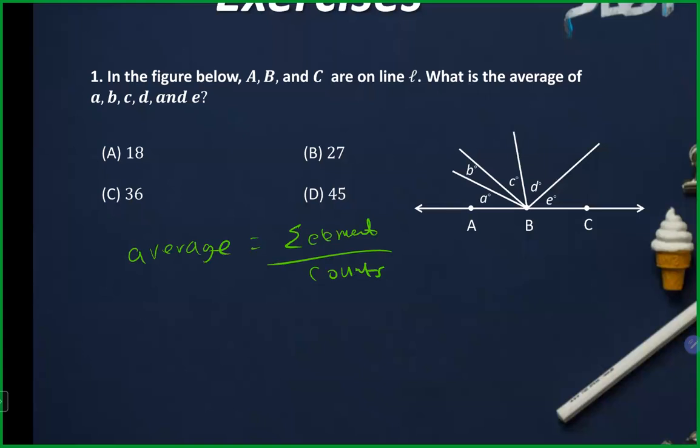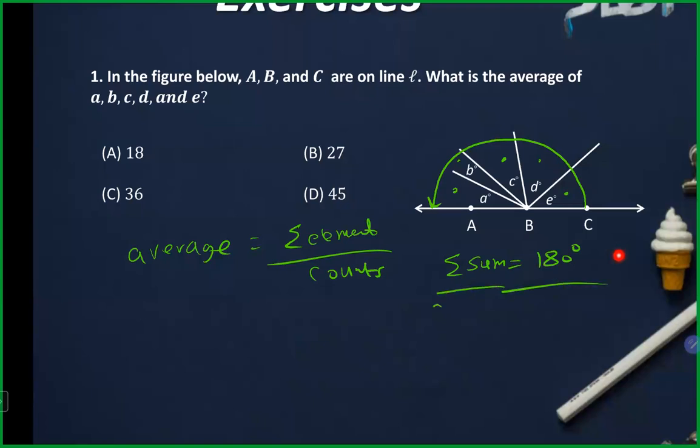Yani, how many angles do I have here from right to left? I know that it's 1, 2, 3, 4, 5. So their sum is, of course, because I don't have the values of the angles. So in this case, I know the sum is equal 180 because this is a straight angle.